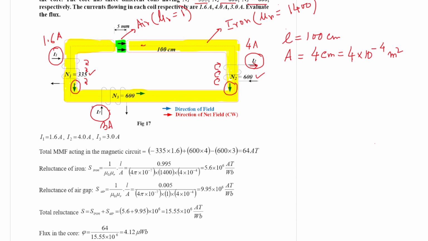Now if you consider the current 3, it's flowing in this way. So what is the direction? Again, it is an anti-clockwise direction, so magnetic field will be in this way. The same thing.